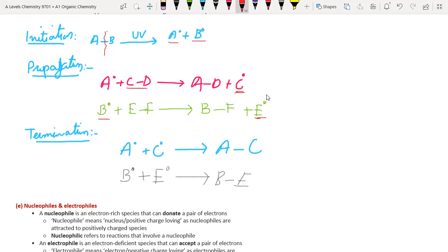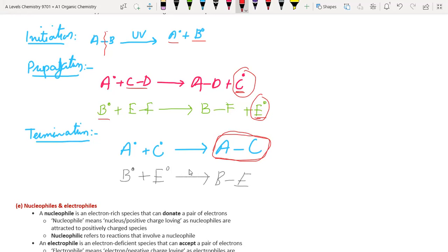These free radicals cause a variety of products. When two free radicals combine, a stable molecule is formed that results in the stopping of the reaction. That is why we call this termination. The reaction is stopped.